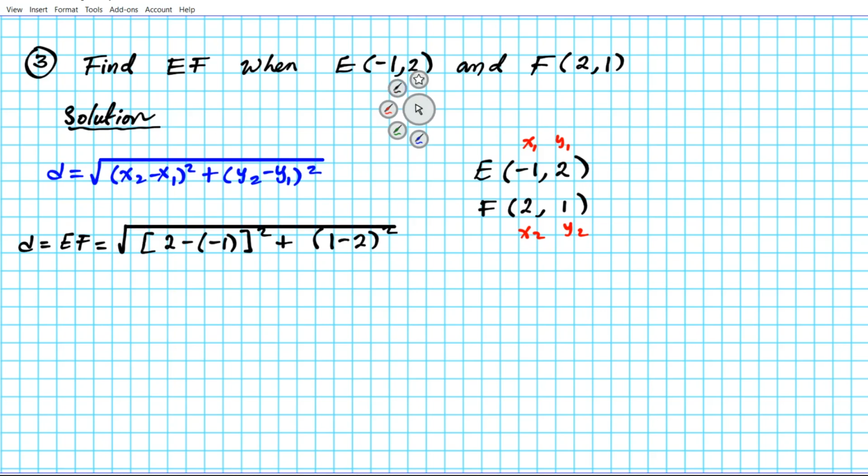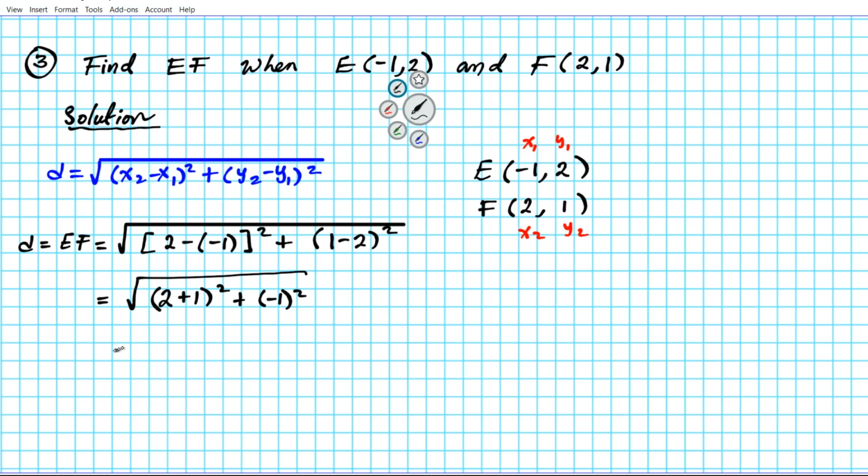Have it all together. Now let's go ahead and use our order of operations to simplify this completely. We have a minus and a minus, so we're going to have to slash and dash there. That becomes a 2 plus 1, quantity squared, plus 1 minus 2, which is a negative 1, squared.